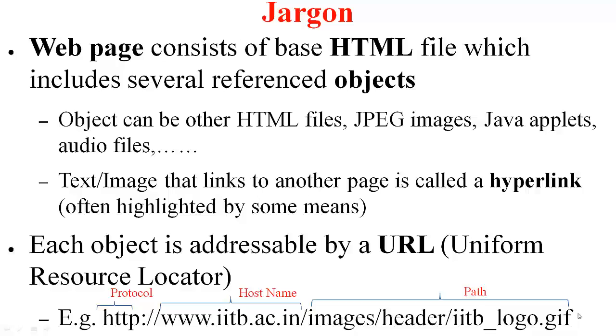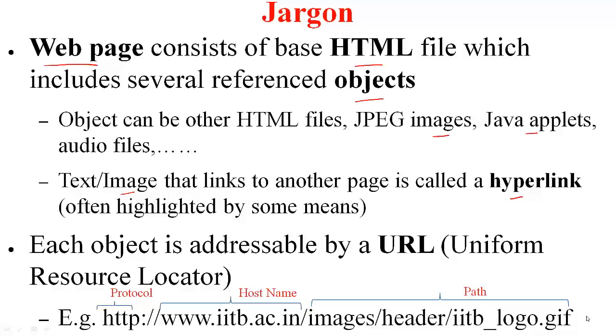When you access this information, you basically access it in the form of web pages, and these web pages consist of a base HTML file which includes several referenced objects. These objects could be other HTML files, JPEG images, Java applets, so on. And within these web pages, there's often text or image that links to another page. These are called hyperlinks. They are often highlighted by some means.